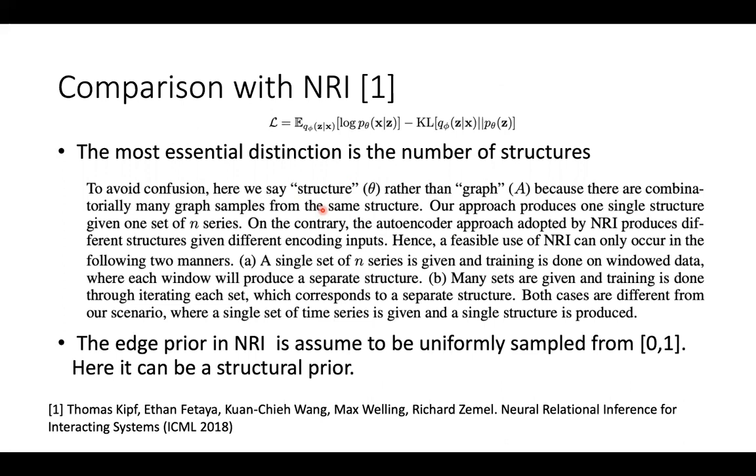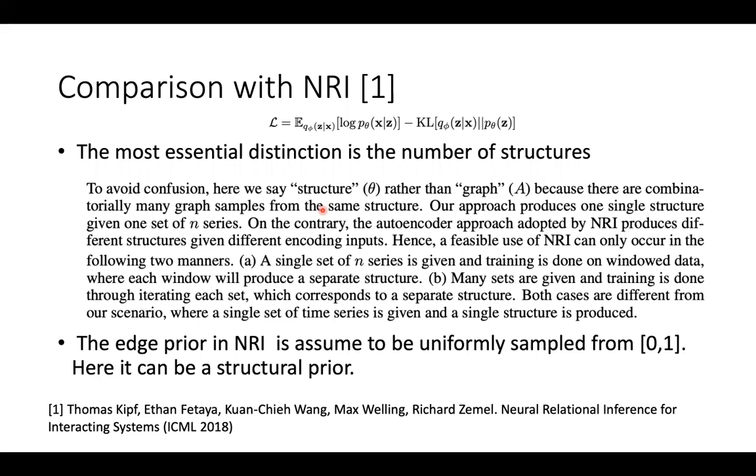But the training structure of NRI, because it follows the VAE structure, has a prior assumption put upon each of these inferred edges, and that is shared among all the inferred structures, so they kind of assume a common structure among all the different systems.